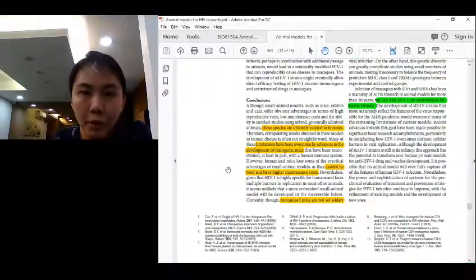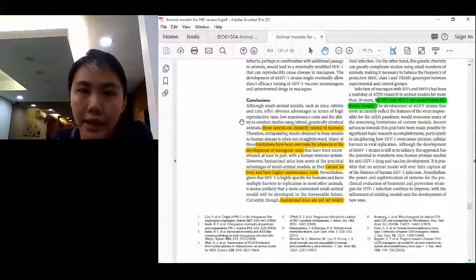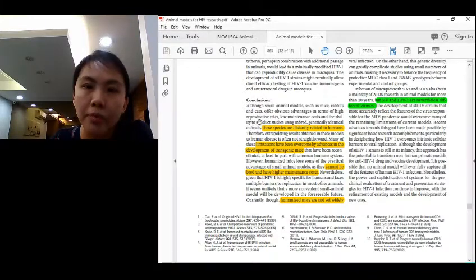So for small animal models like mice, rabbits, and cats, they offer obvious advantages in terms of high reproductive rates, low maintenance costs, and the ability to conduct studies using inbred, genetically identical animals. However, you need to recognize that these species are distantly related to humans.